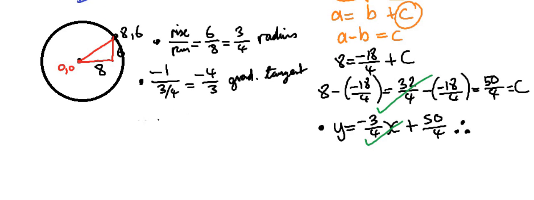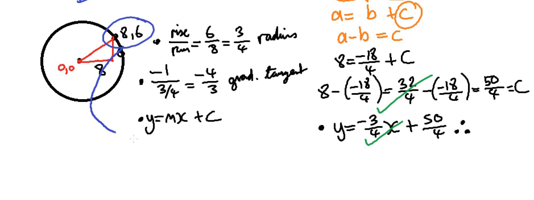Now I need to substitute into my equation y equals mx plus c and use my point. My point is 8, 6. So my y is 6. My gradient we found is minus 4 over 3. My x is 8, plus c.